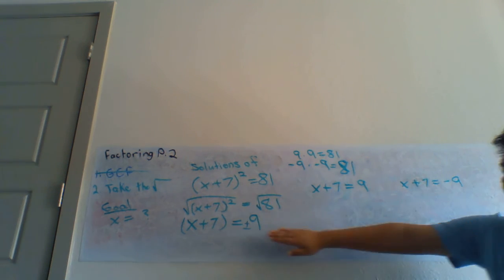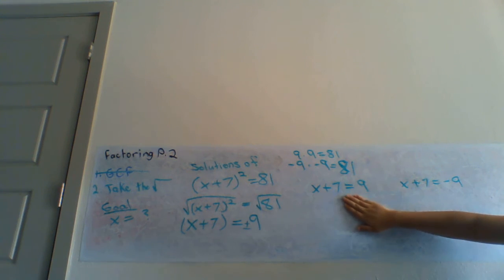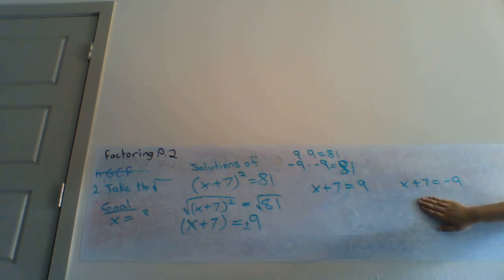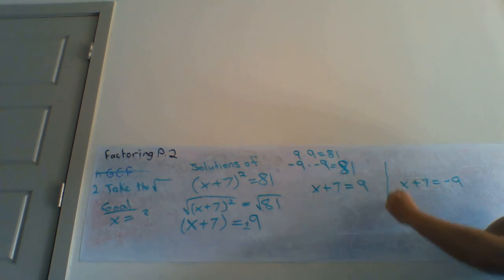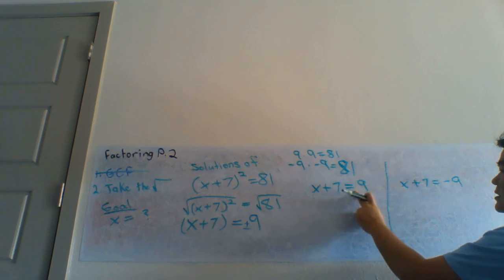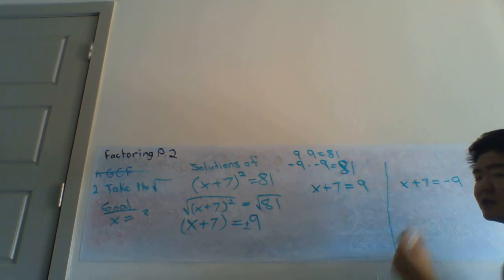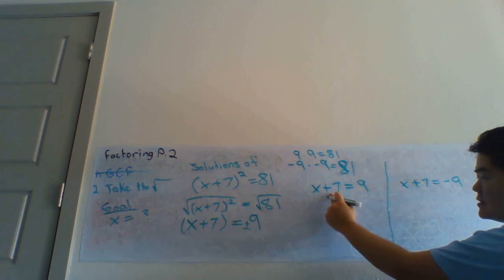So all I did was take this and rewrite it. This one's positive, this one's negative. So left side, right side. I'll put a line between the two. All you have to do is solve for x. So here, I've got x plus 7 equals 9. All I have to do is subtract 7 from both sides.